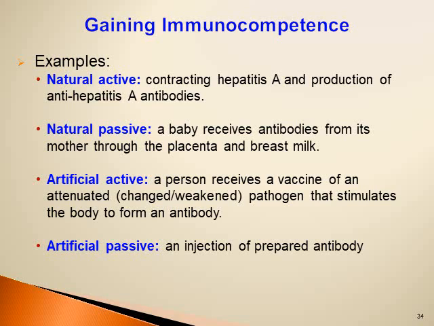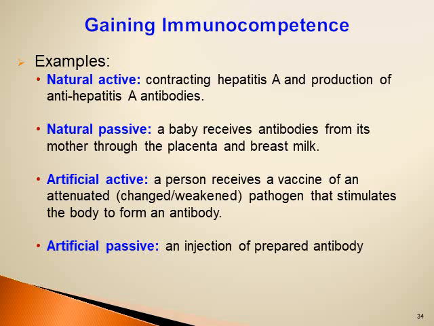So this is natural because we got the infection naturally by consuming water or food contaminated with hepatitis A. And it is active because the ingested hepatitis A virus will stimulate the immune response to produce anti-hepatitis A antibodies. So it is an example of natural active immunity.